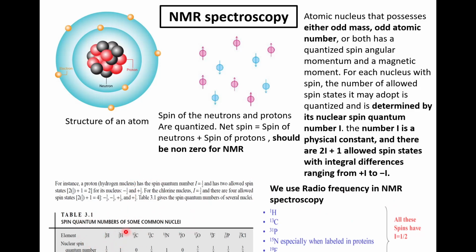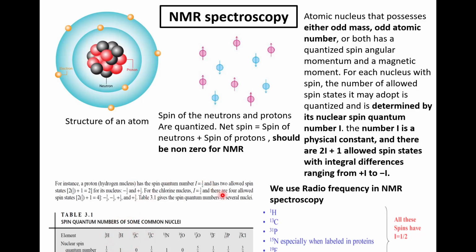Now take deuterium, which has an even mass number but an odd atomic number. Since either the atomic number or the mass number should be odd, this would be NMR active. The spin quantum number here is 1, so 2 multiplied by 1 plus 1 is 3. So deuterium will have 3 spin states.